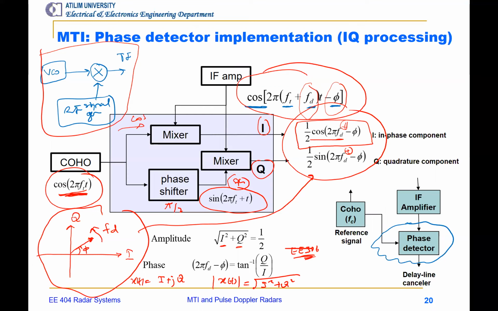So this is how we design a phase detector. In most of the receiving systems now, this is fully digital. So mostly they use FPGA or digital signal processors, where they simply convert the analog IF signal into digital and then create I and Q digitally.